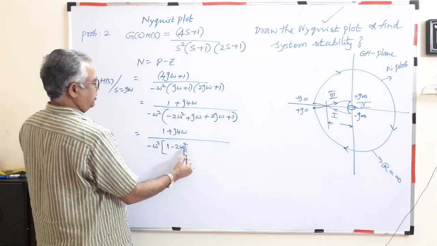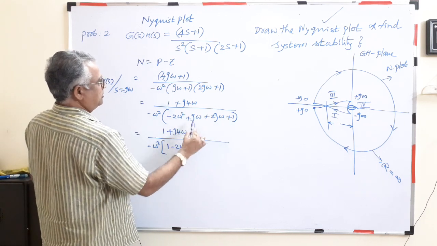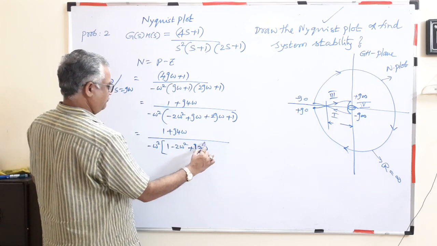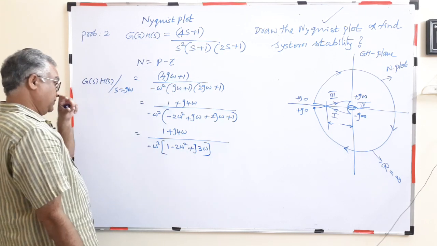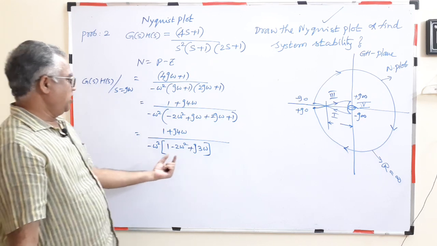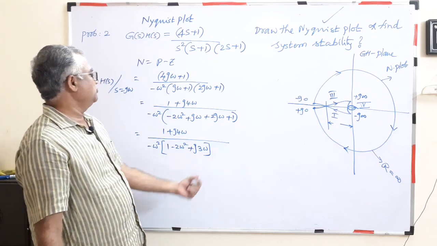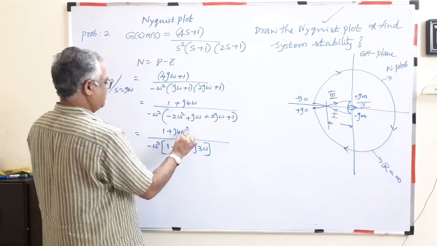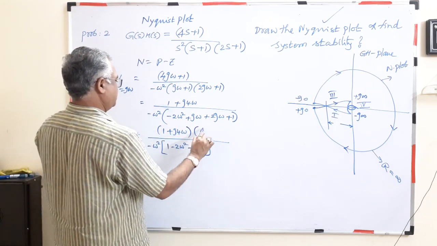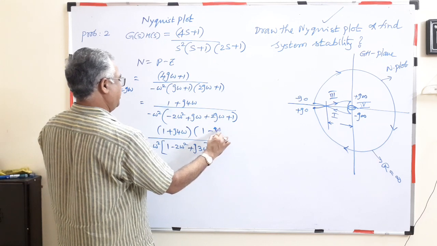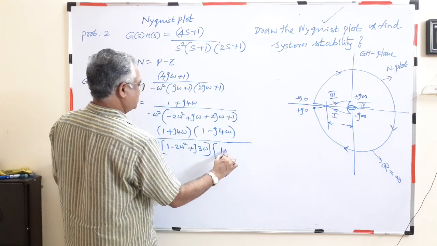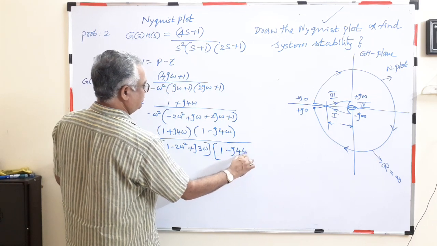Here imaginary is j3 omega. You can't equate this imaginary to 0. So what is the imaginary part? This again you have to multiply with 1 minus j4 omega in the numerator, and the denominator also 1 minus j4 omega.